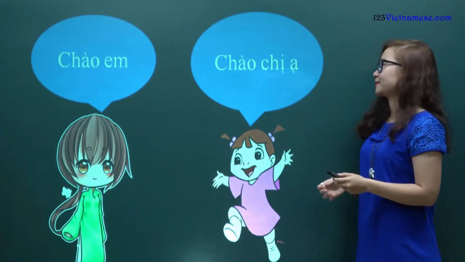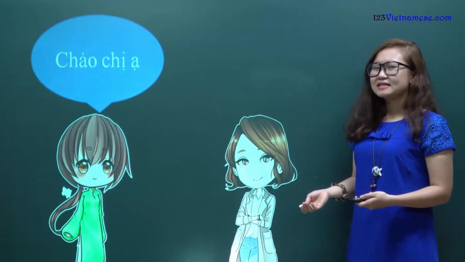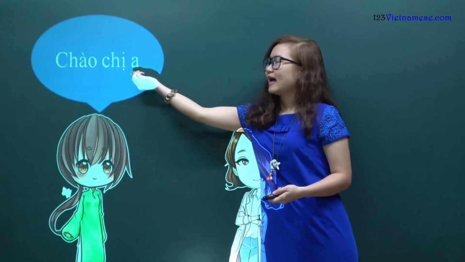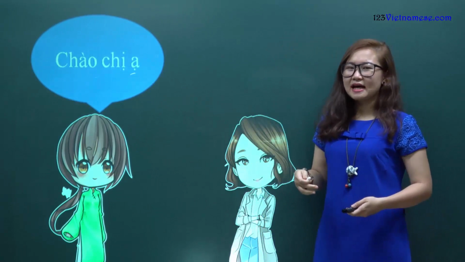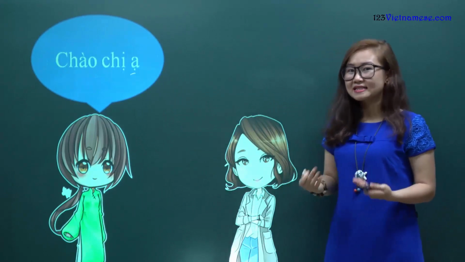Next, when I meet someone who is a little bit older than me, how will I say hello? I will say chào chị ạ, because I want to show my politeness, so I add the word ạ at the end of the sentence.